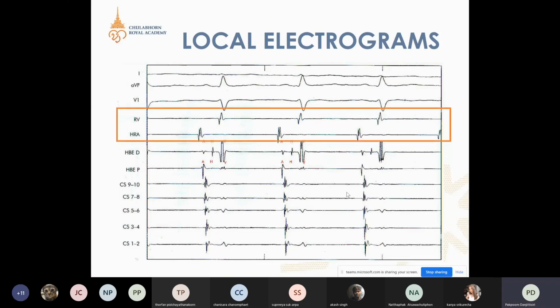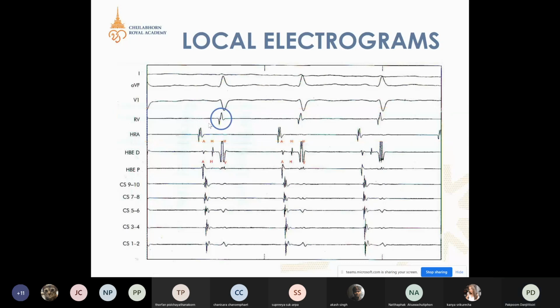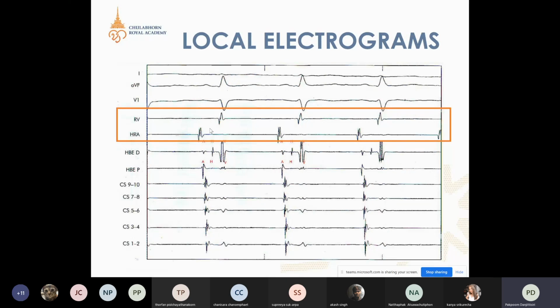After placing all of the catheters in position, if you look at the RV catheter, you will see just a single signal on this line, because the RV catheter will only receive the ventricular electrogram, and the high right atrial catheter will only receive the atrial electrogram from inside the right atrium, right?